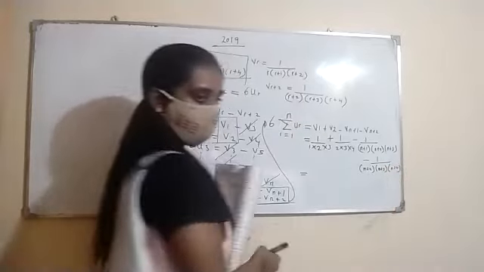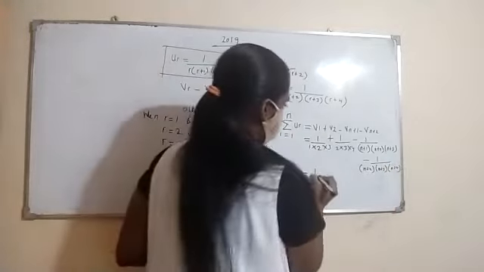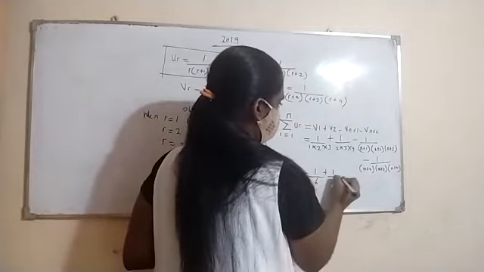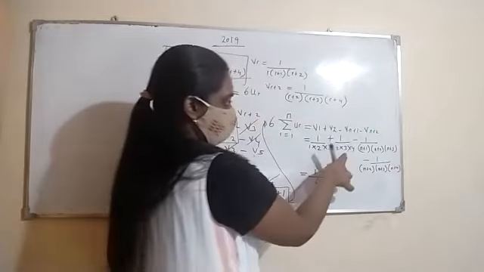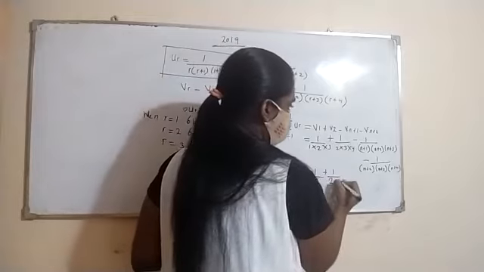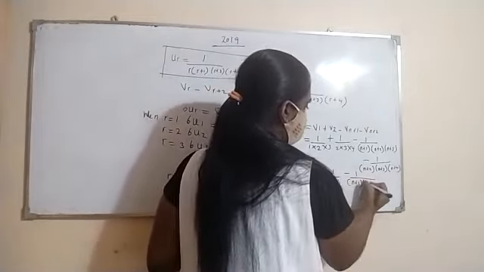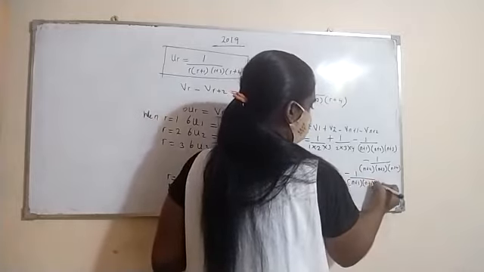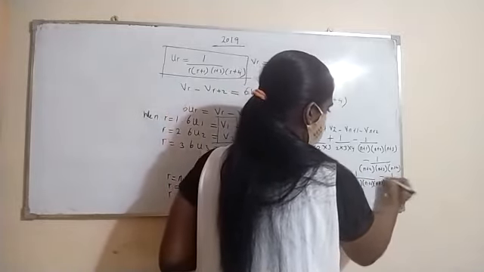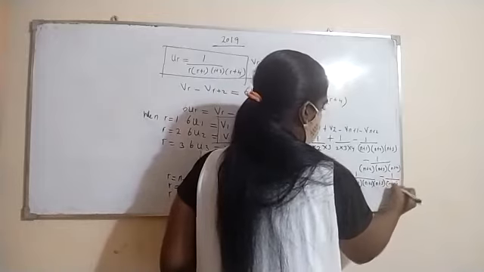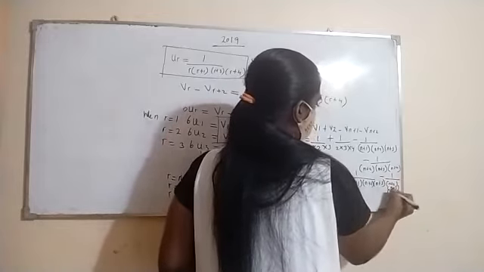Then what will we get? Then 1 over 6 plus 1 over 4 into 3 is 12. So 12 into 2 is 24, minus 1 over N plus 1 into N plus 2 into N plus 3, minus 1 over N plus 2 into N plus 3 into N plus 4.